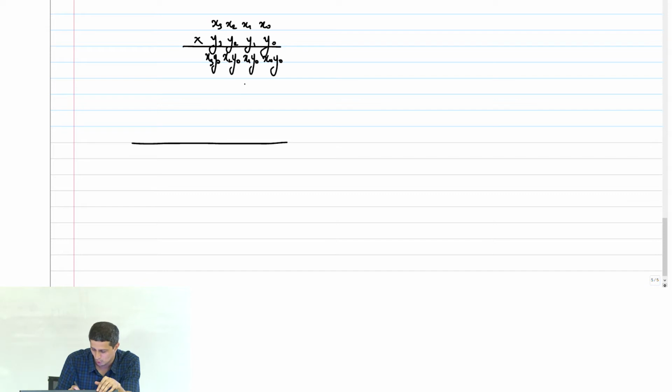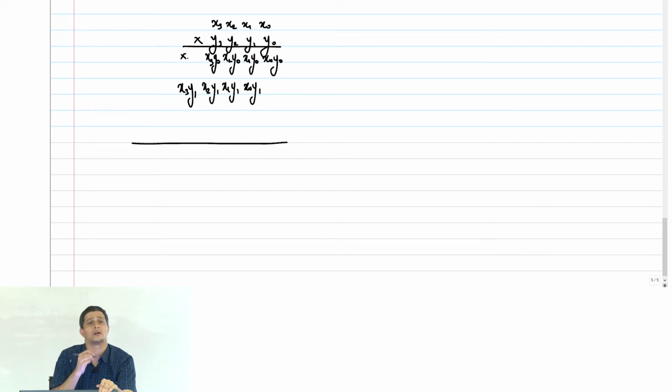I'll just write one more row: x0y1, x1y1, x2y1, x3y1. What is this term here? It is x3y0, because I have to sign extend all these partial products.